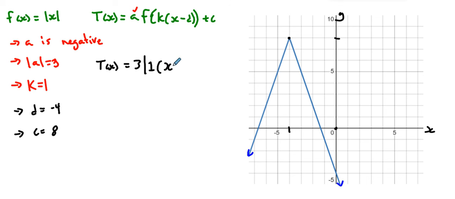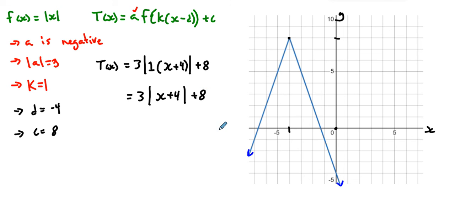You'd have x, and then the minus d is the negative 4, so it's minus negative 4, which is positive 4. Close the absolute value plus 8. Now it's silly to have this k value of 1 there common factored, and so it is much more common to see this expressed as 3 times the absolute value of x plus 4, plus 8.